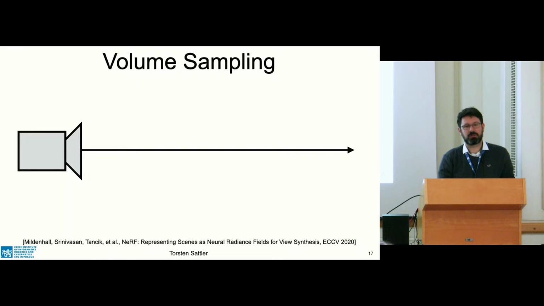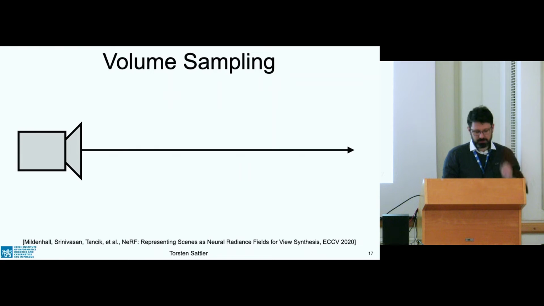So that's something that the neural network needs to figure out. It's a free parameter, so to speak, that you need to estimate. If you had, say, depth images, then you could add a supervision term saying, I would like my volume density to be high, close to the depth values that I observe, and 0 otherwise.